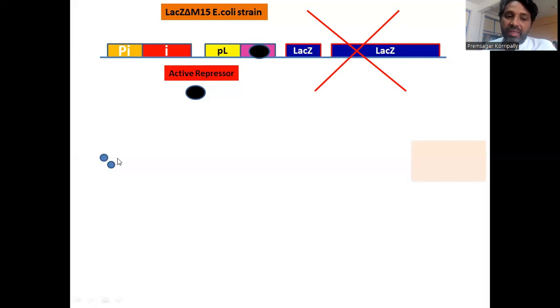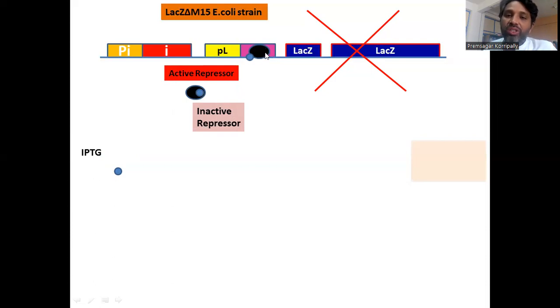Whenever you add IPTG or allolactose, the IPTG molecule can bind with the repressor. You see, it binds with the repressor and inactivates it. So this complex, repressor plus IPTG molecule, is inactive. It cannot bind with the operator.